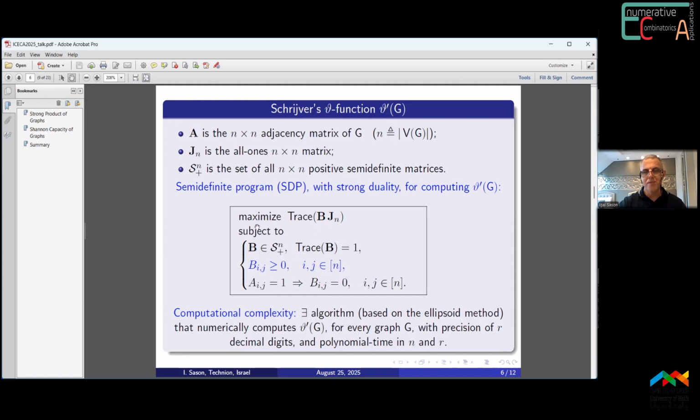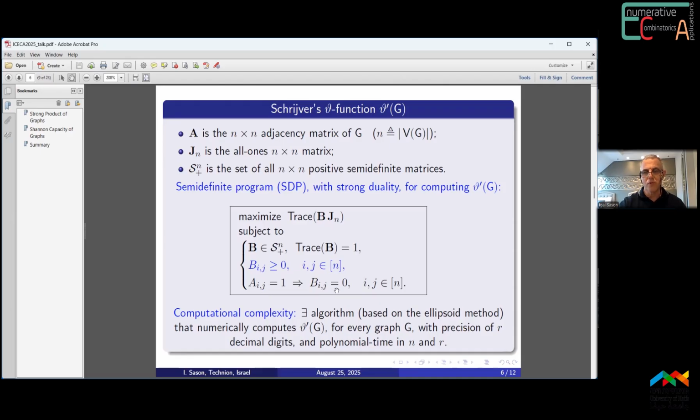So we say maximize the trace of B times the all-ones matrix J, subject to the constraints that B is positive semi-definite and its trace is equal to 1. And whenever i and j are adjacent vertices, B_ij is restricted to be 0.